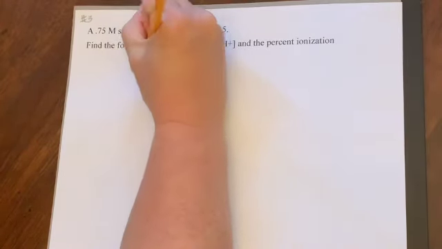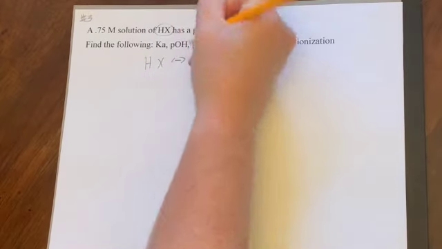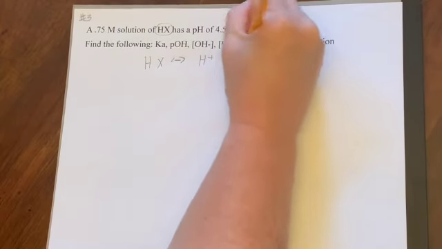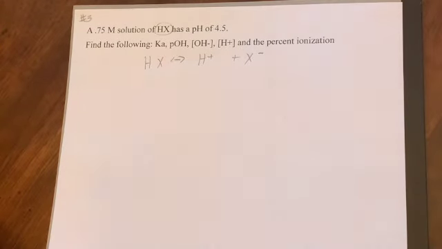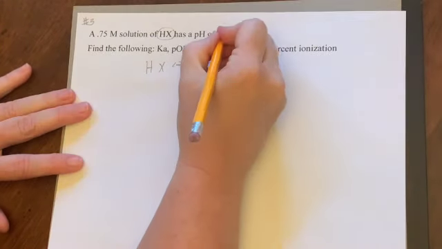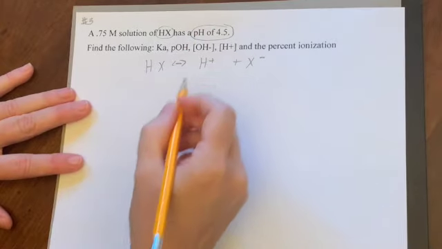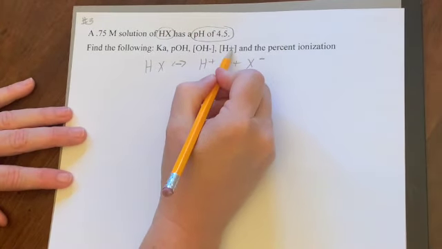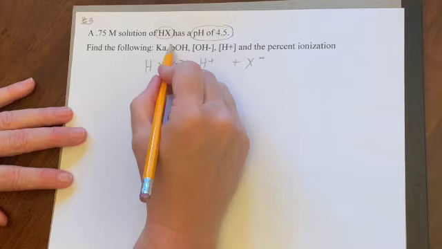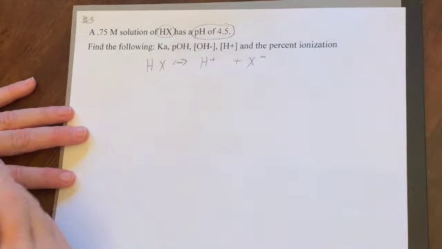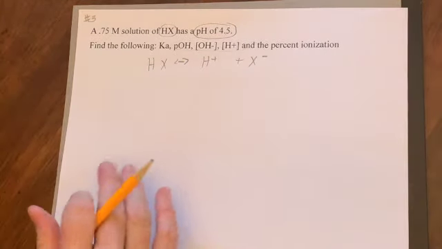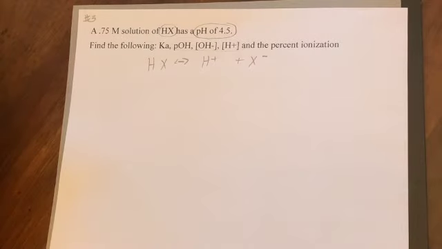All right, so remember, HX is going to ionize into H plus and X minus. Okay, I've given you the pH. Well, if I give you the pH, it's very easy to come up with these 3. All right, so let's do that first, and then we will go back and deal with the Ka.